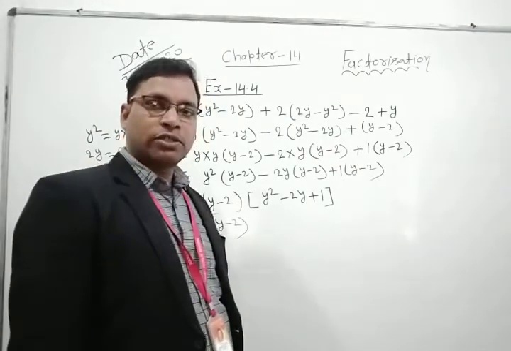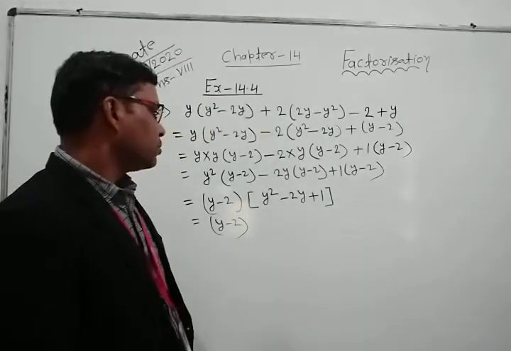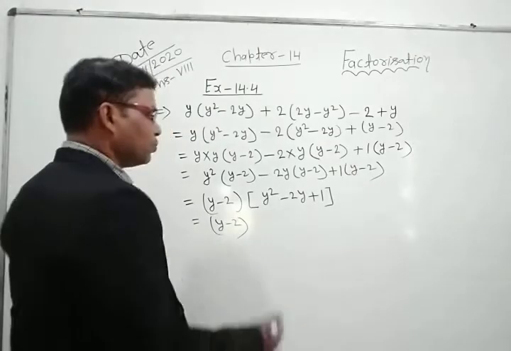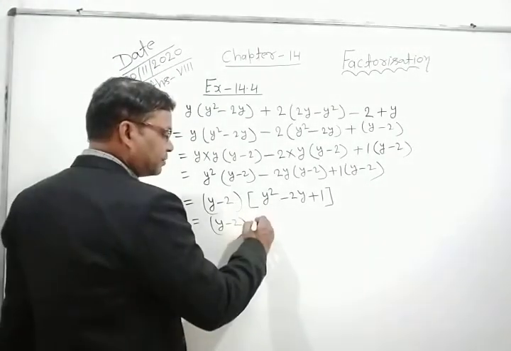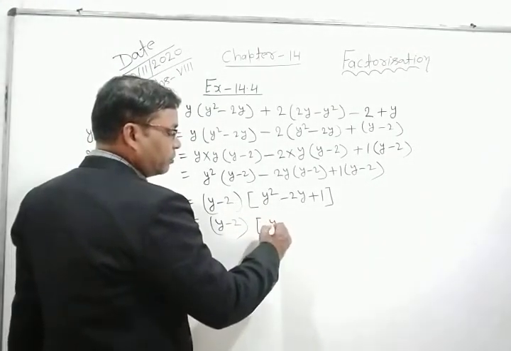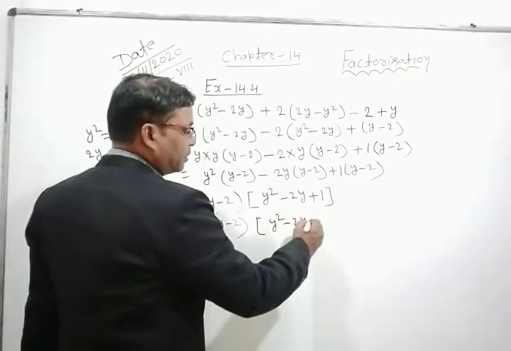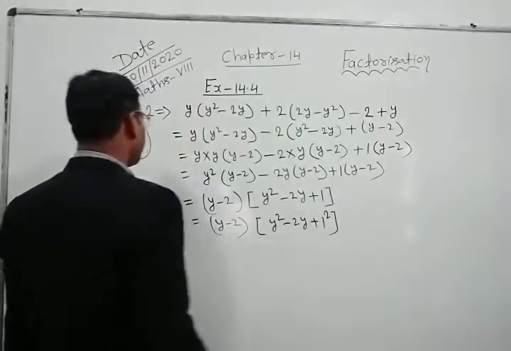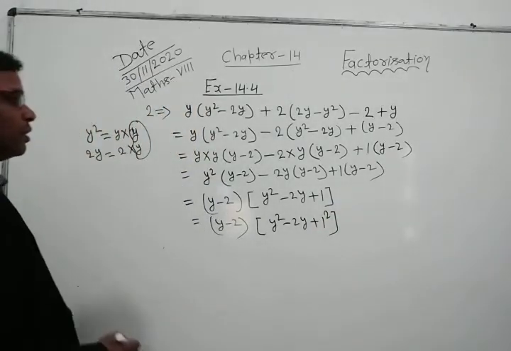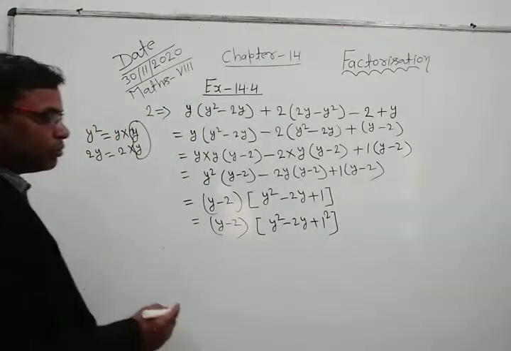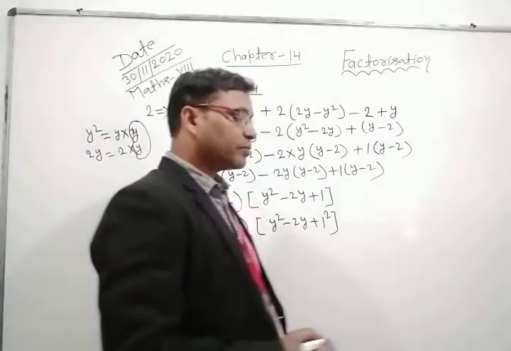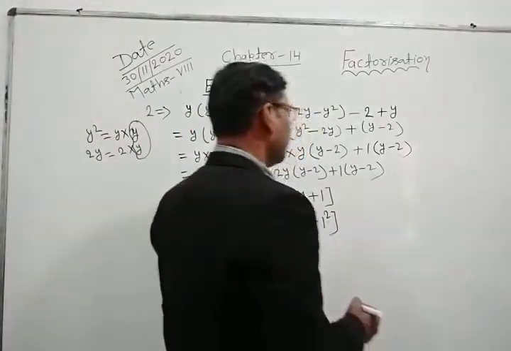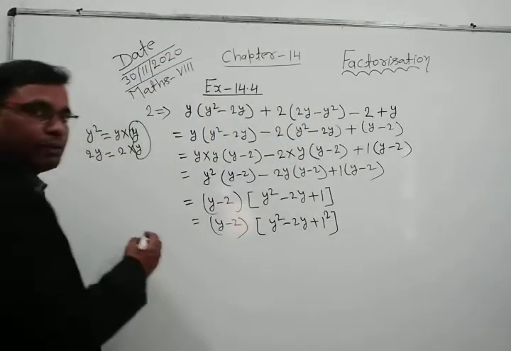Here a factor is possible. So y square minus 2y plus 1 you can write as the whole square of a minus b. This is the form of whole square of a plus b. Whole square of a plus b is equal to what?